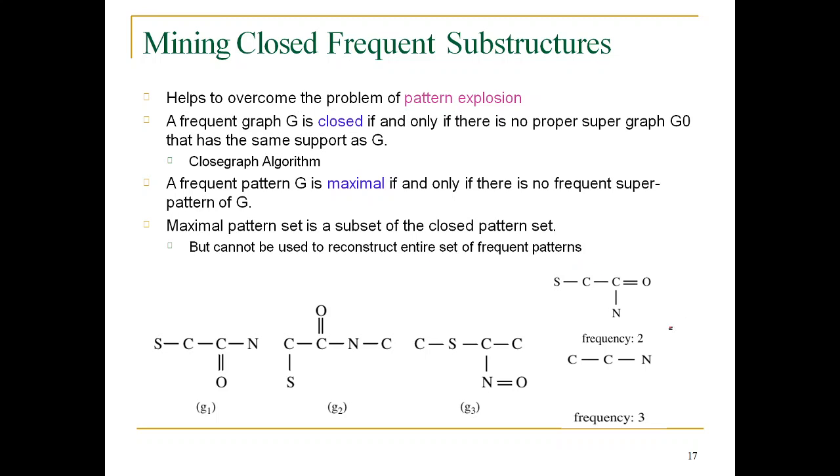So whenever you take the pattern, we can find out the maximal paths which do not have a superset for that value, and then we can say this pattern is a closed pattern set.